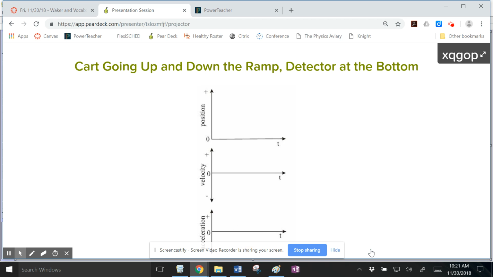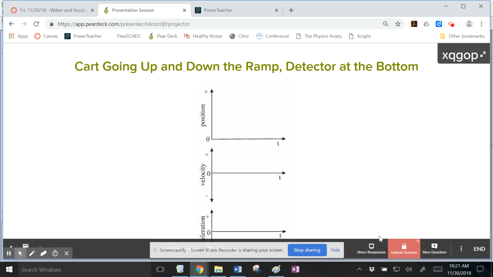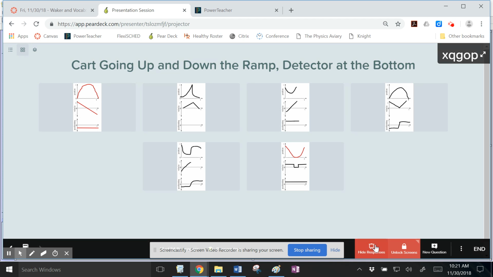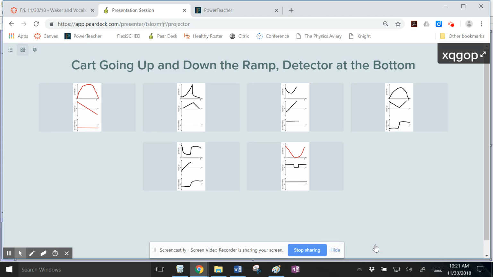All right, so let's see some of the examples here, my friends. These are not all of the answers, but these are a couple of the different examples.